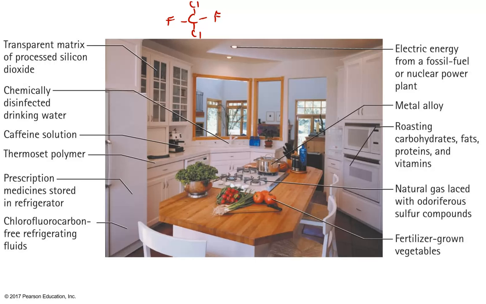And they pointed to the natural gas with an odoriferous sulfur compound. Natural gas you can't smell. And since you can't smell it, if you had a natural gas leak and they didn't put that odoriferous sulfur-containing compound in there, you wouldn't know there's a gas leak until you had an explosion. So that's why they put something in there.